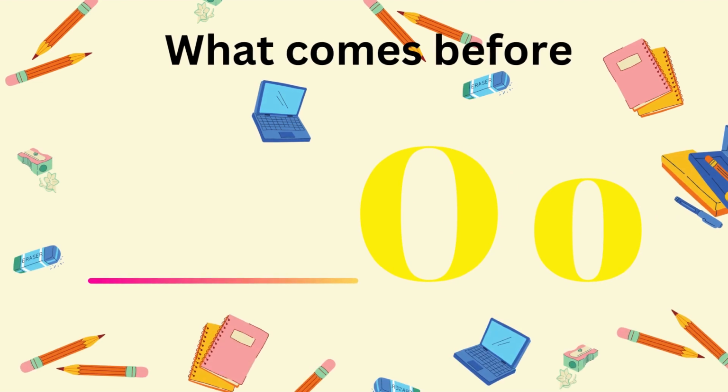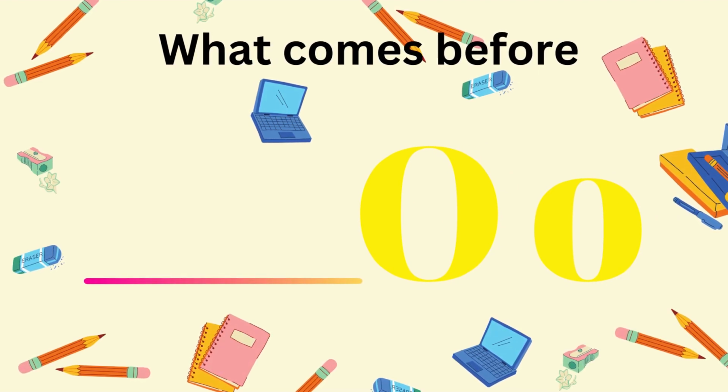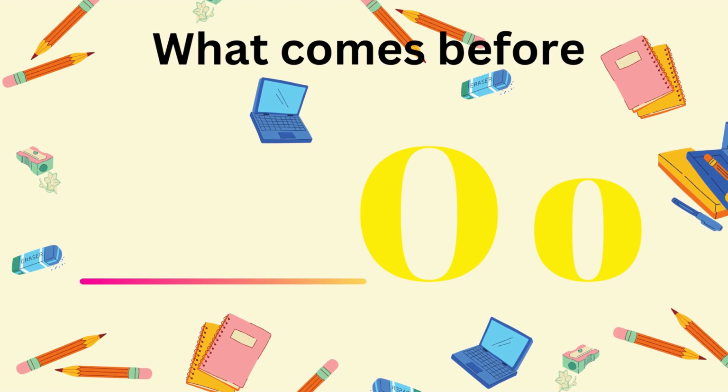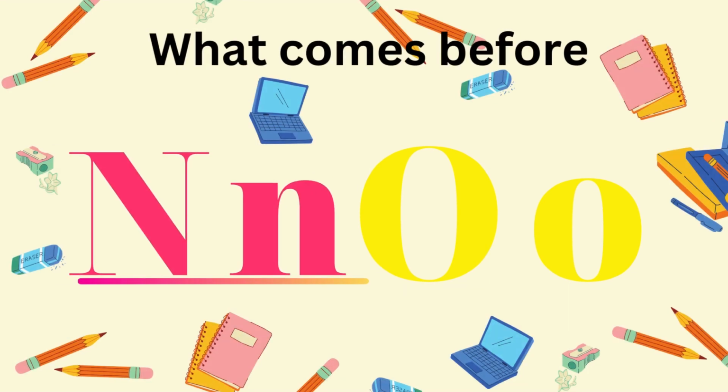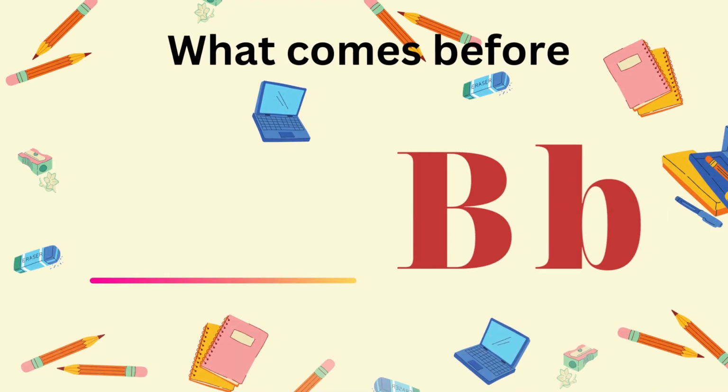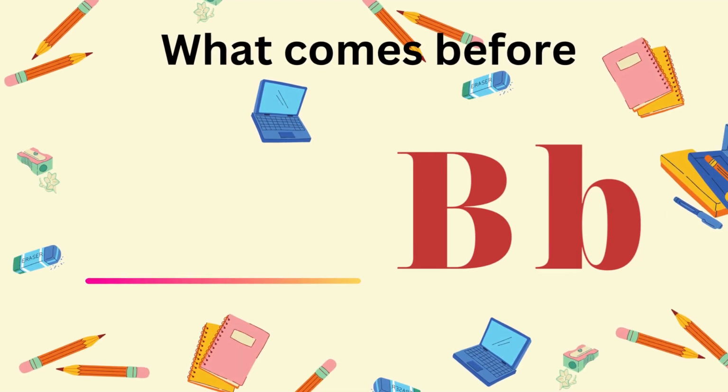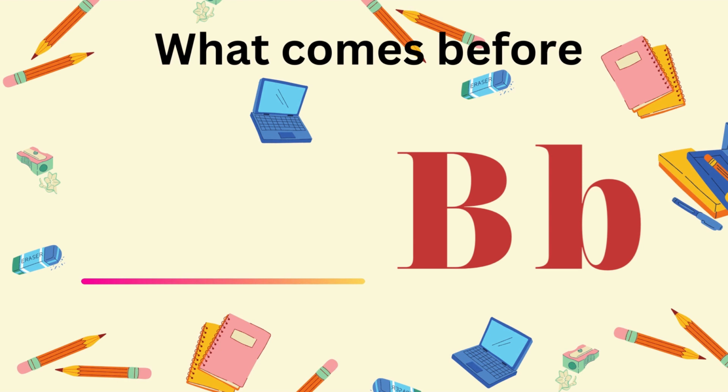What comes before O? Correct! It's letter N. How about letter B? What comes before B?